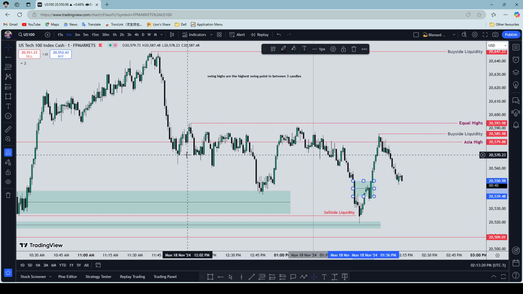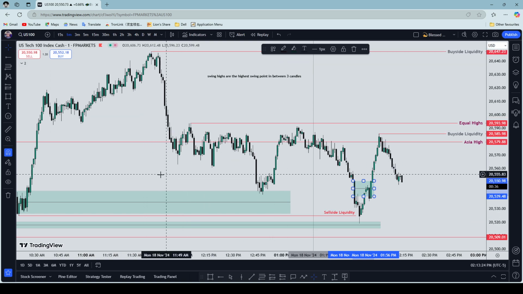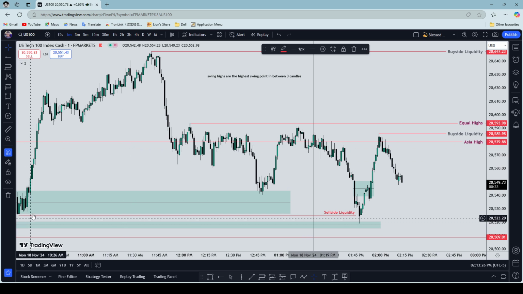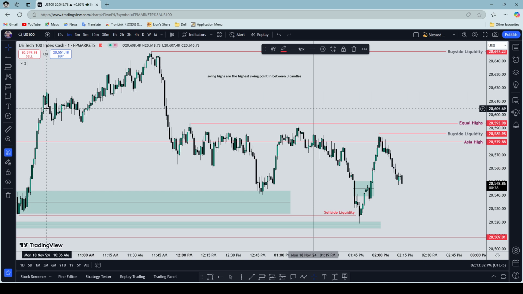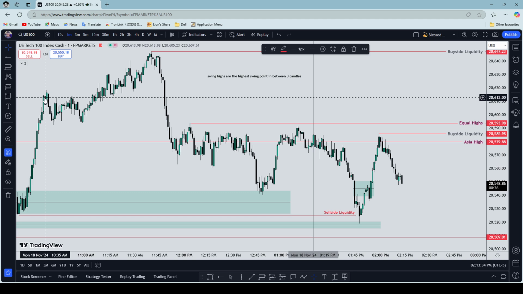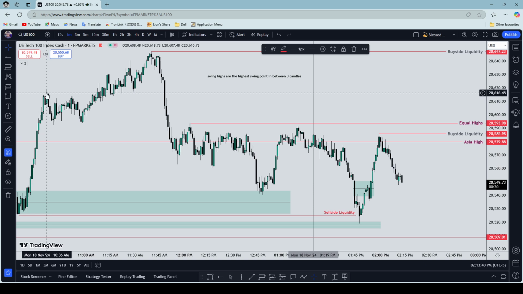Majority of the time, swing highs are formed when price is trading like this. Price got towards this area and it started dropping down. But before it dropped down, it created one, two, and three. Those are three candles, and the highest swing point here is the swing high.